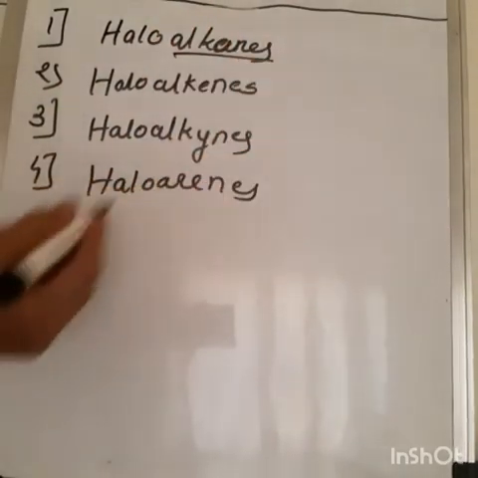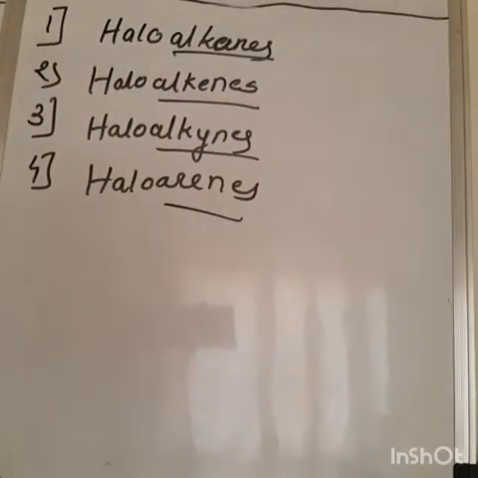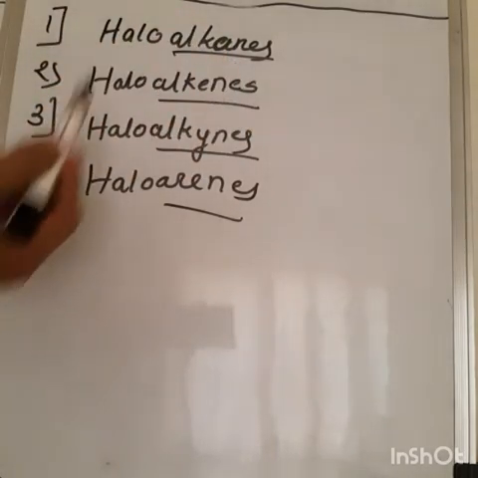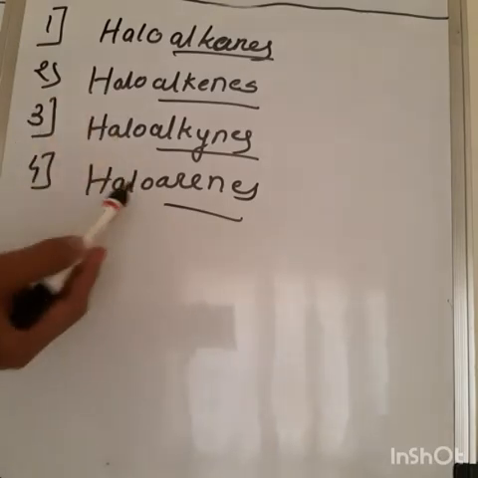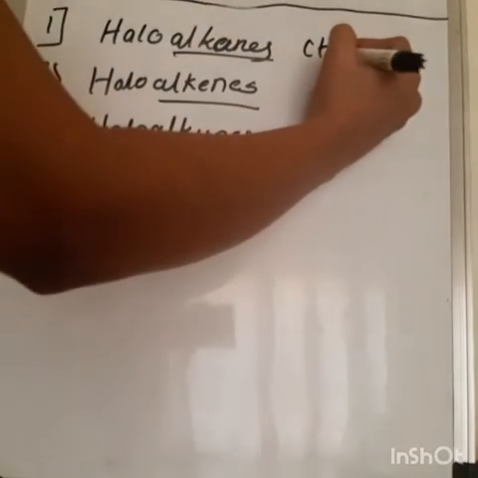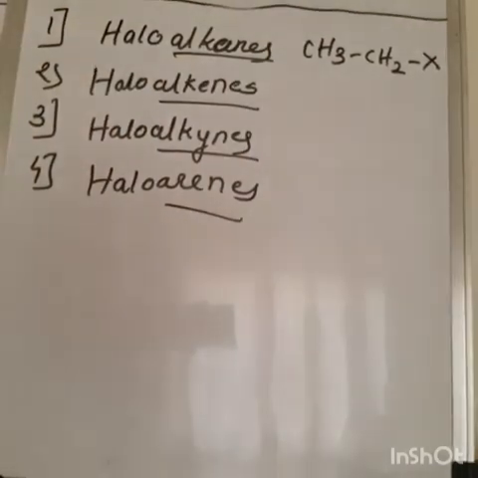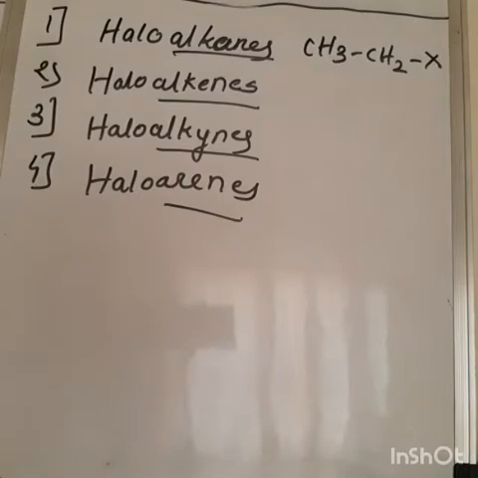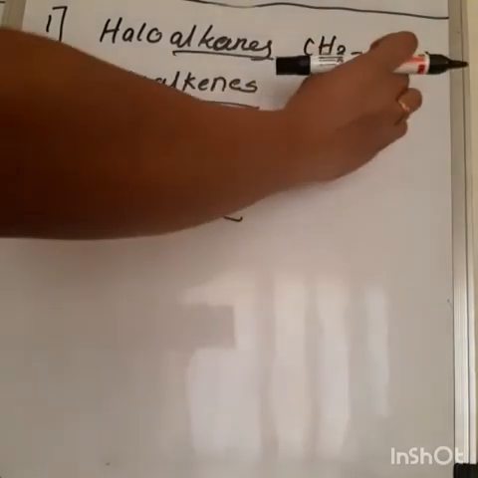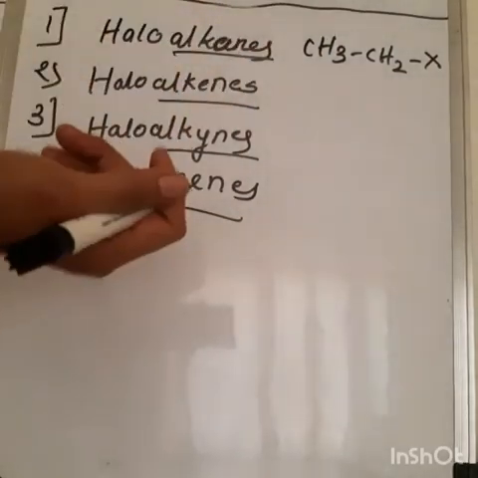We know the hydrocarbons alkanes, alkenes, alkynes, arenes. Whenever a halogen atom is attached to them, we call them haloalkane, haloalkene, haloalkyne and haloarenes. Let's take the example of haloalkane. Whenever one of the hydrogen atoms from the parent alkane is replaced by a halogen, it becomes a haloalkane.